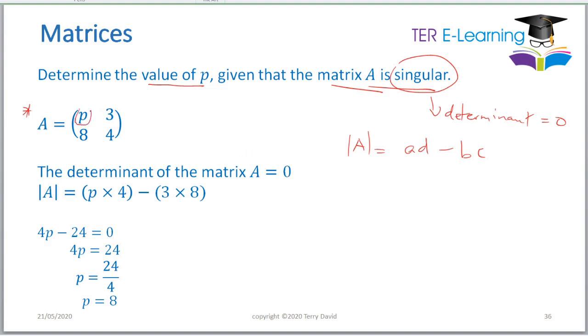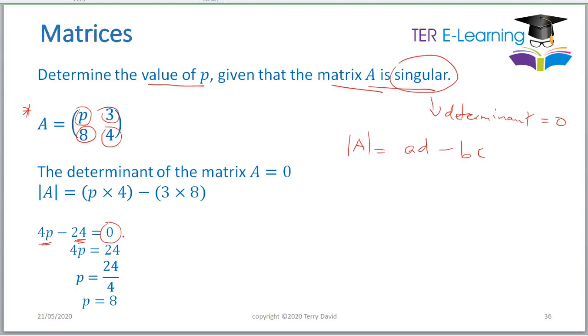So we say P multiplied by 4 gives me 4P. Then we have to take the 3 and multiply by 8, so 3 multiplied by 8 gives me 24. So 4P minus 24 is my determinant. But the fact that the matrix is singular, I have to put that equal to 0.